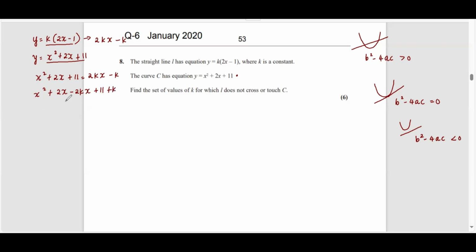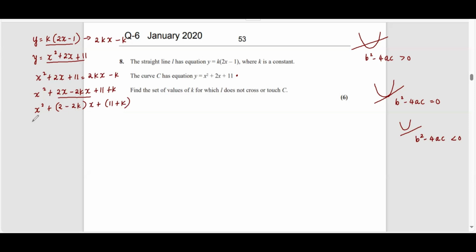Now I can further simplify this. x squared, if I take x common from both of these terms, I am left with 2 minus 2k, plus 11 plus k. Now this is the standard form.